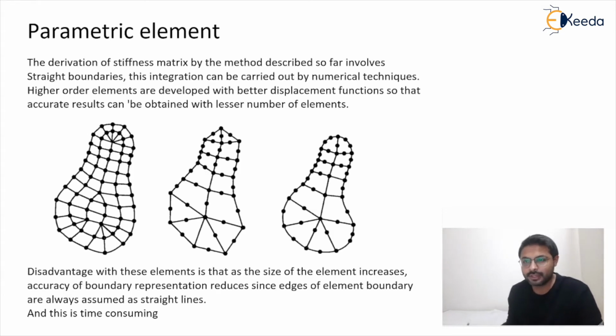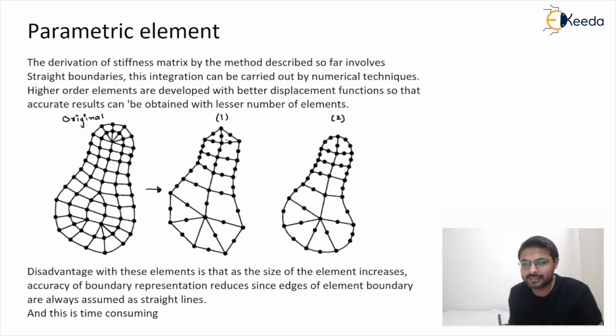As you can see on your screens, we have a complex geometry like this, and these are different ways of meshing. In the first figure, this is my original geometry, and you can see it has a curved boundary.